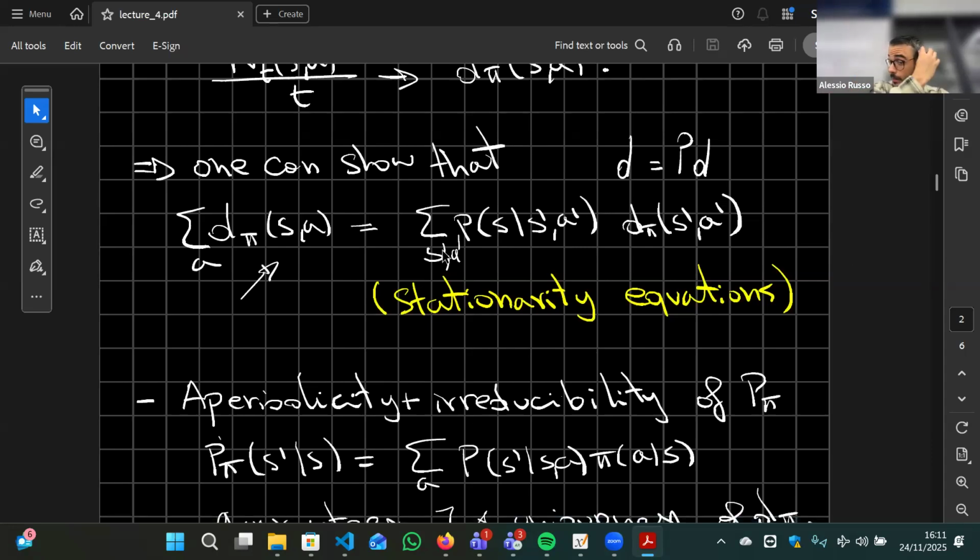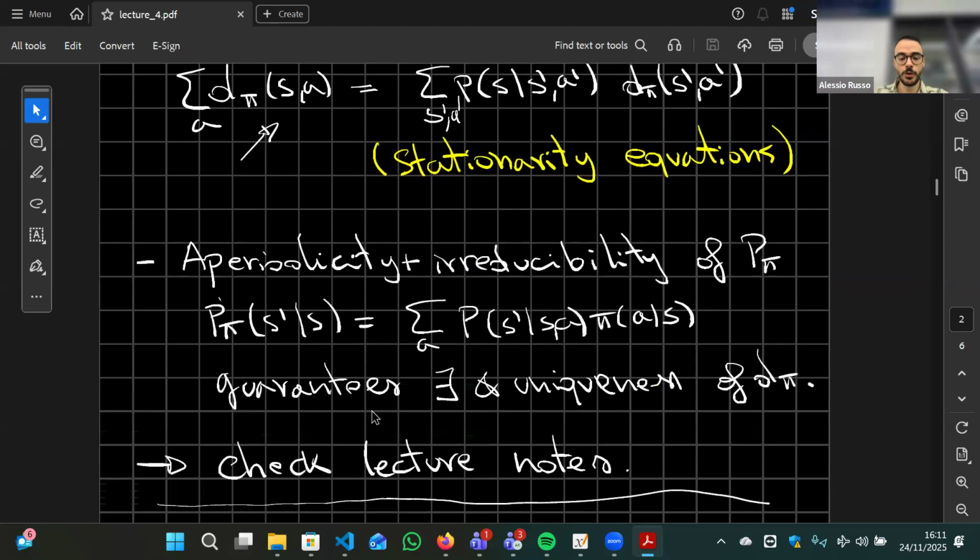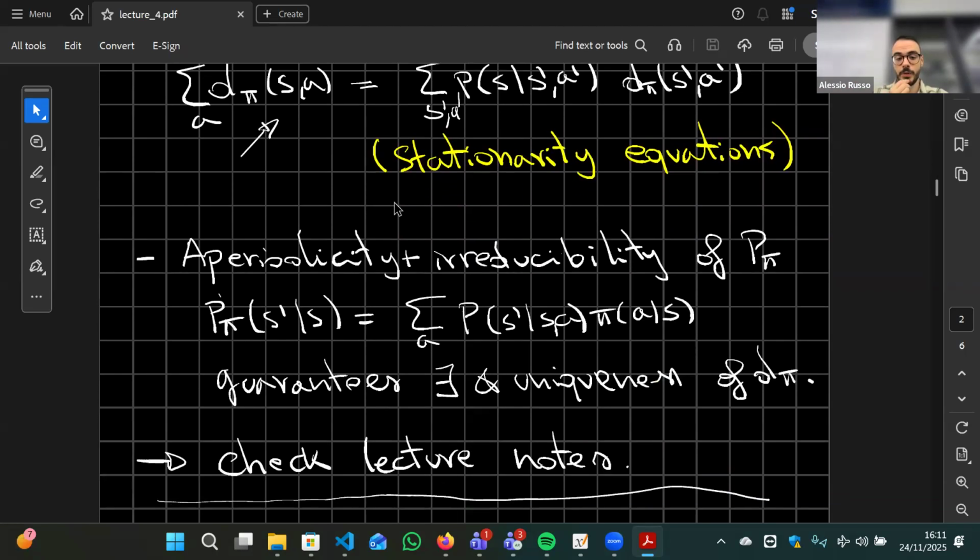And you can show that in a Markov chain, you can guarantee the existence of a unique stationary distribution if, for example, the Markov chain is aperiodic and irreducible. So irreducibility means that the policy that you chose basically guarantees that you can visit all the states in the MDP.